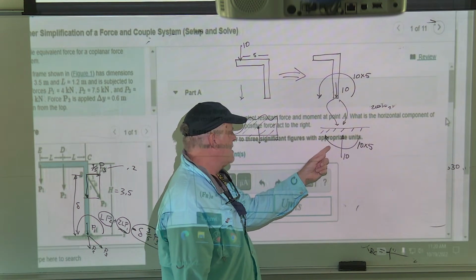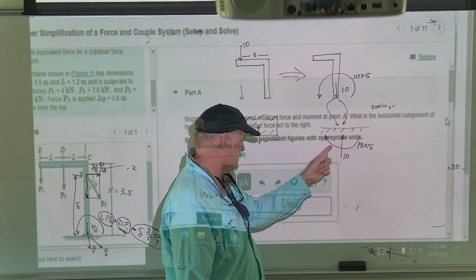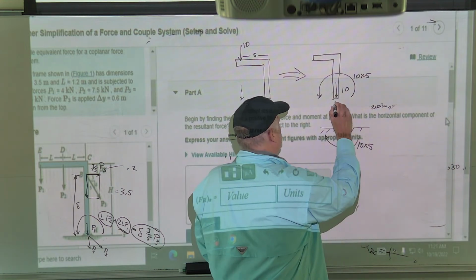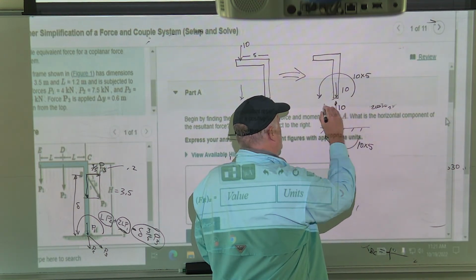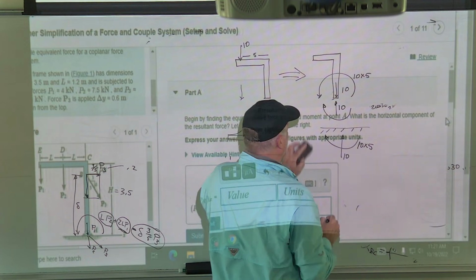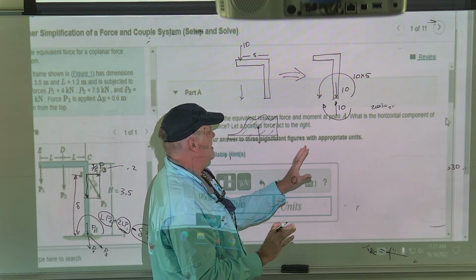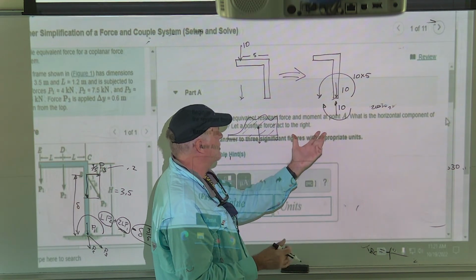Now, some people will take this and then they will put it right here. And they'll say this. Okay, here's this and here's this. Now, that's legitimate because that's still equilibrium.